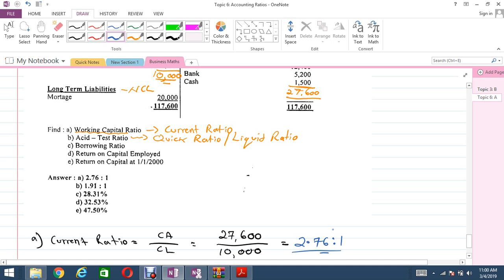So when you put the answer for current ratio, make sure you put the ratio to 1. That's the format for current ratio and also for quick ratio or the acid test ratio.